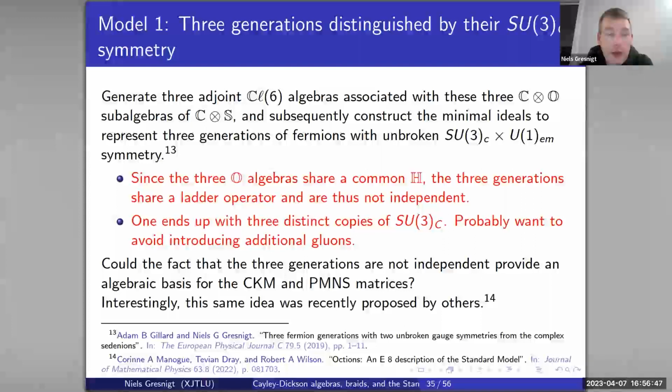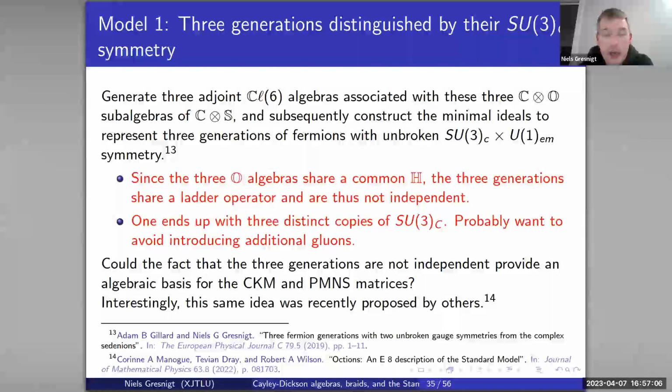Also, it looks like you end up with 3 copies of SU3. So maybe that's not something you want, because I think that would mean you would have 3 generations of gluons. And I'm trying to avoid introducing any additional bosons, if at all possible. So I'm not convinced by this model.